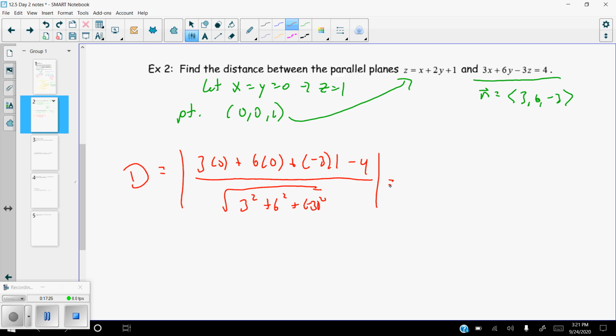So let's see, we get 0 plus 0, -3 -4, so we get -7 on top. And the denominator is going to be 9 plus 9 is 18 plus 36 is 54, so the square root of 54.